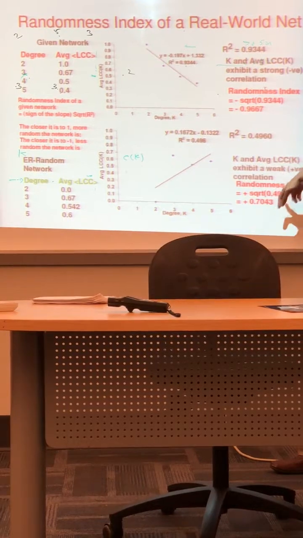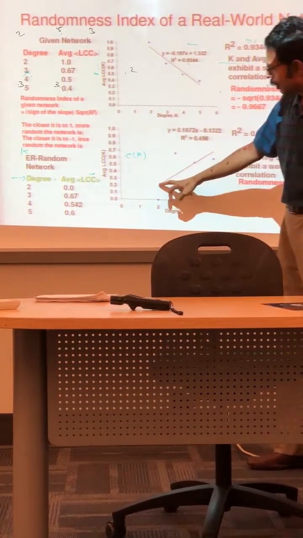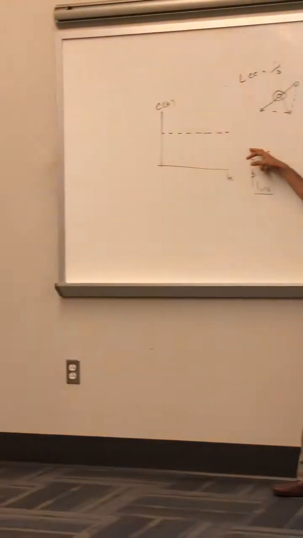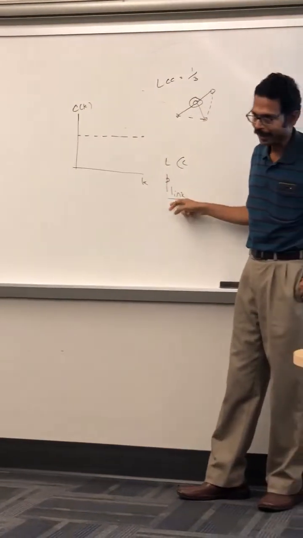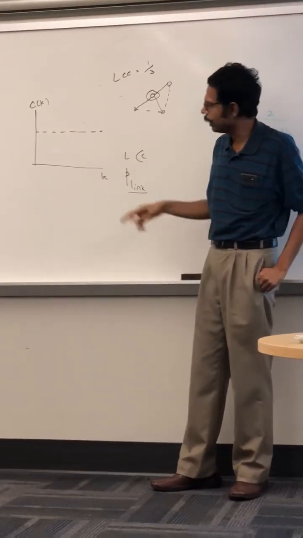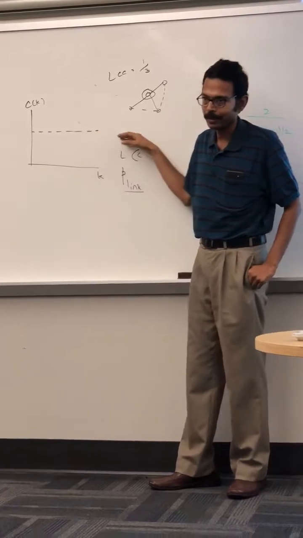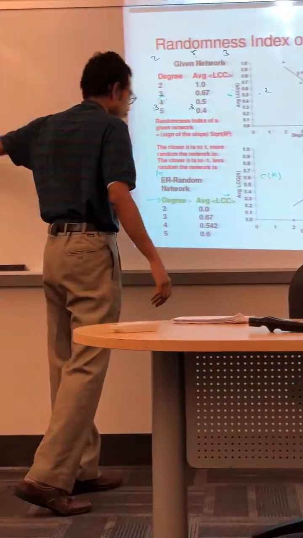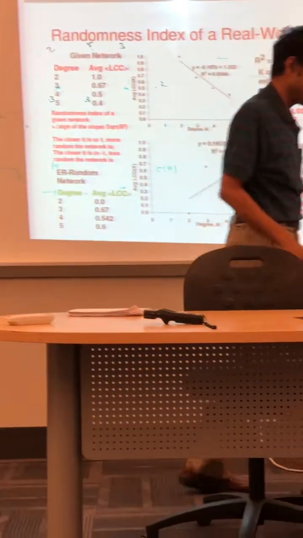And if you get close to +1, like this, because as I said, if the network is random, the relationship that you expect between the degree k and C of k, the average clustering coefficient of the degree, is going to be a horizontal line like this. And that will correspond to actually what value? What is the corresponding value here? The C of k.